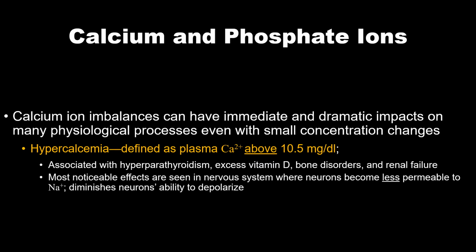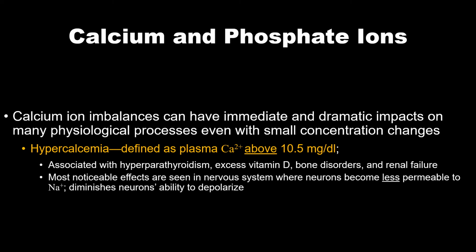And unlike changes in phosphate ion concentration, any small change in calcium concentration can have immediate dramatic effects on different body functions. Increases and decreases in blood calcium ion concentration, called hypercalcemia and hypocalcemia, can lead to devastating effects.